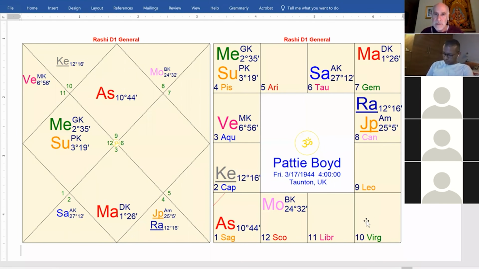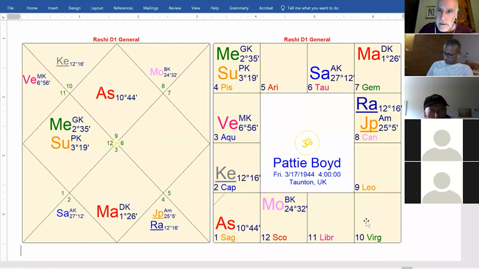That was the industry in which she was succeeding, the beauty industry. But highly significant here is the mutual Rashi Drishti between AK and AMK, with both planets in strength, right? Both planets in strength. I hear someone, you might want to mute your mic if you're coughing or anything's going on in your background.